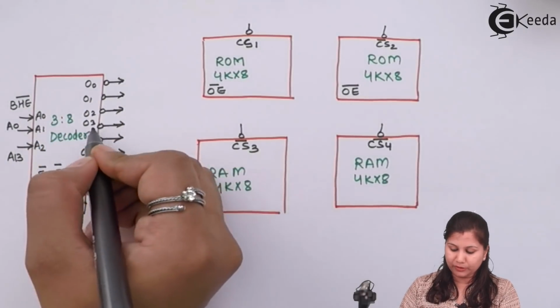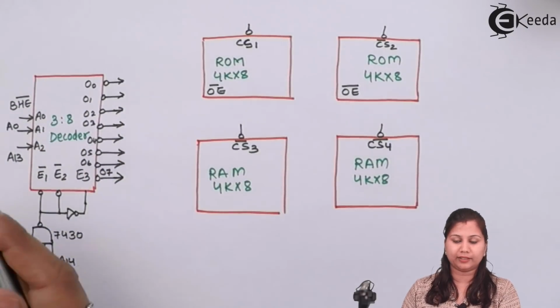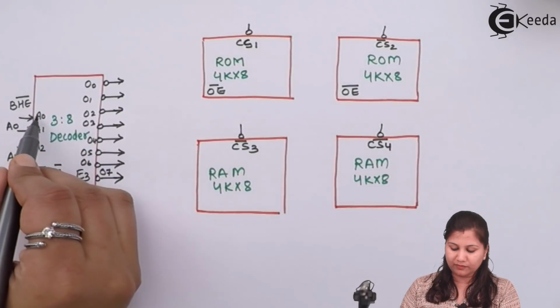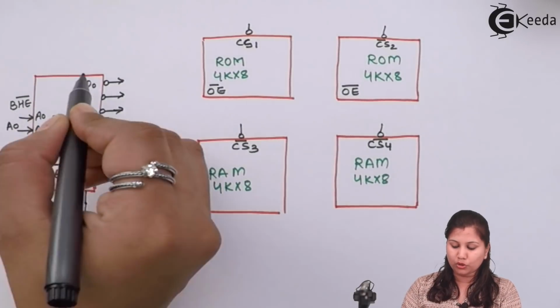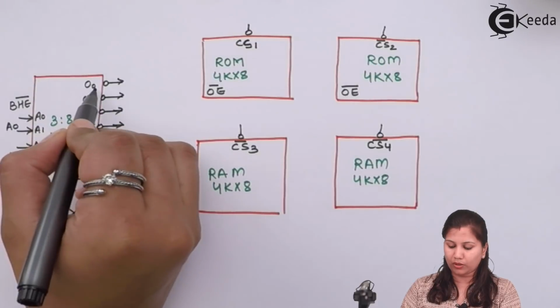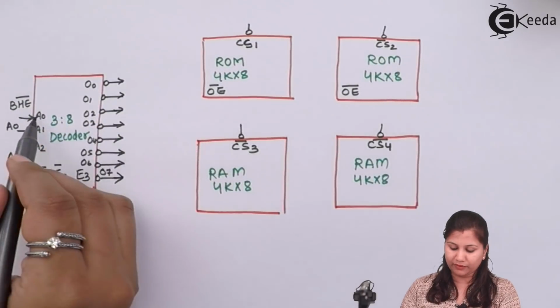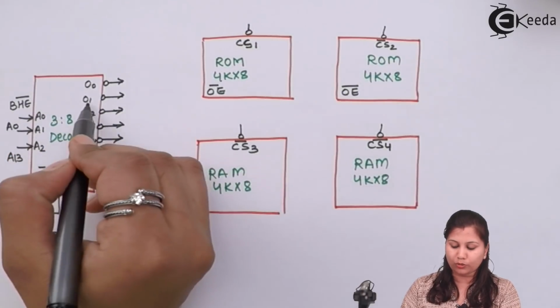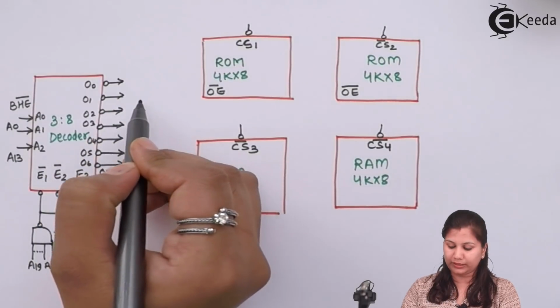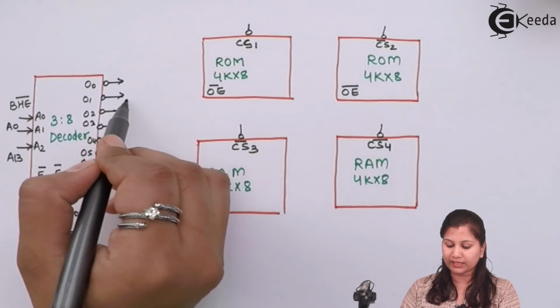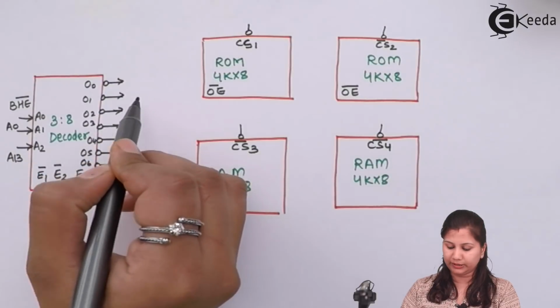We have bubbles over here, so they are active low. It means when we have 0, 0, 0, the first output O0 will be 0. If we have 0, 0, 1, then O1 will be 0. That will be activated, so a low signal will be available over this.